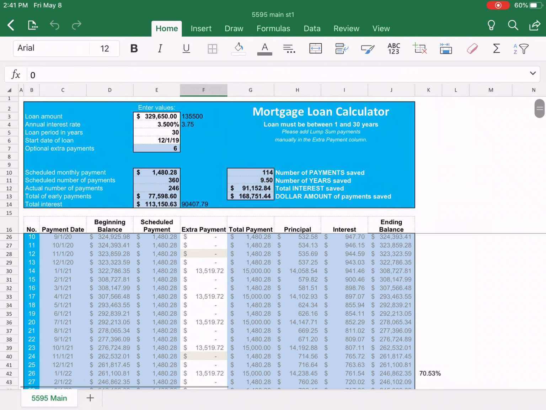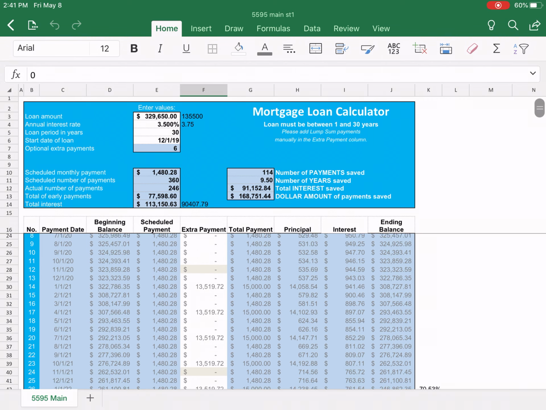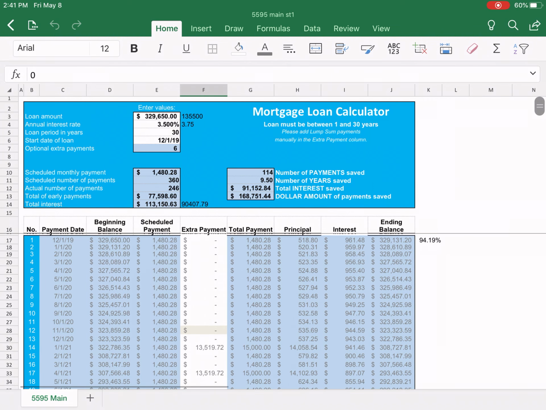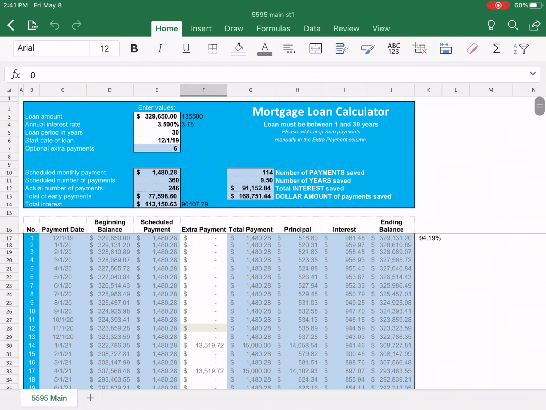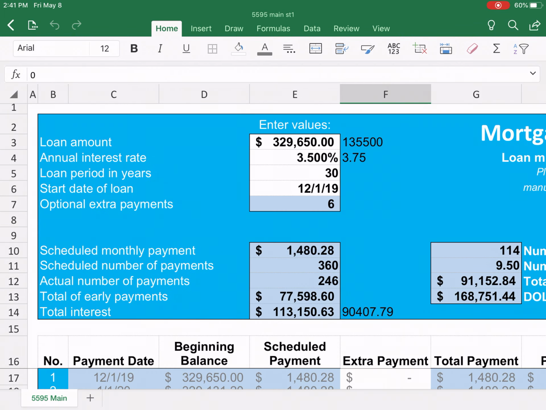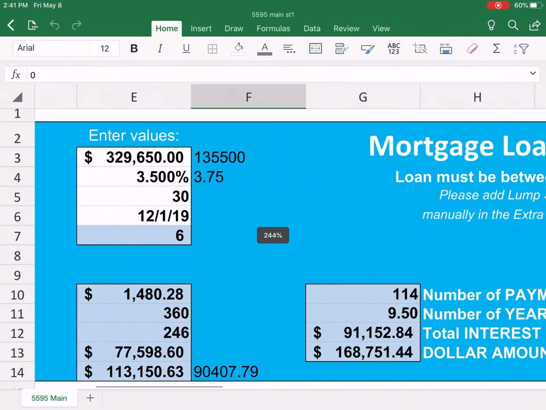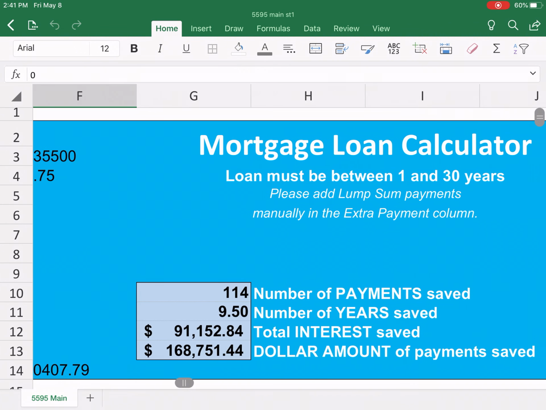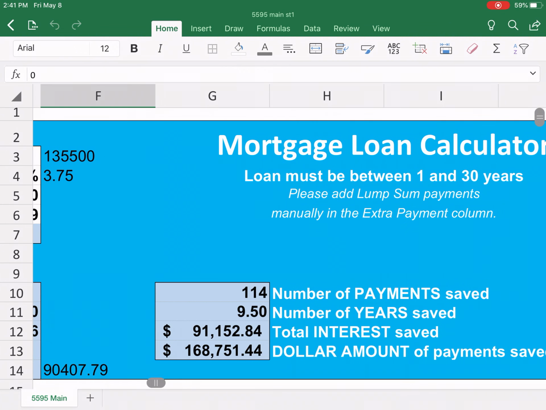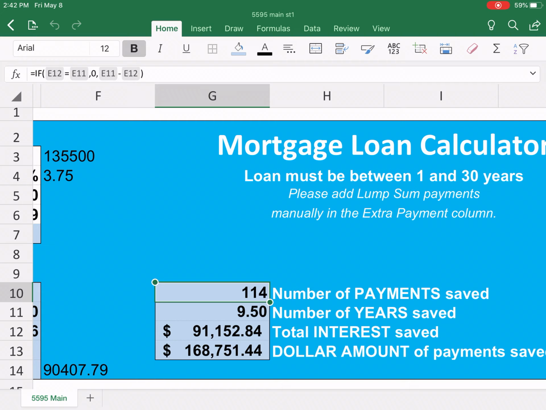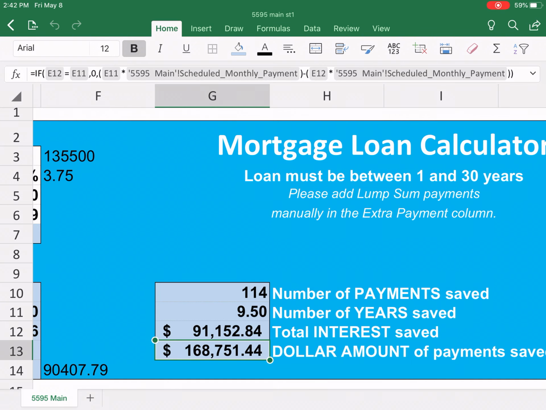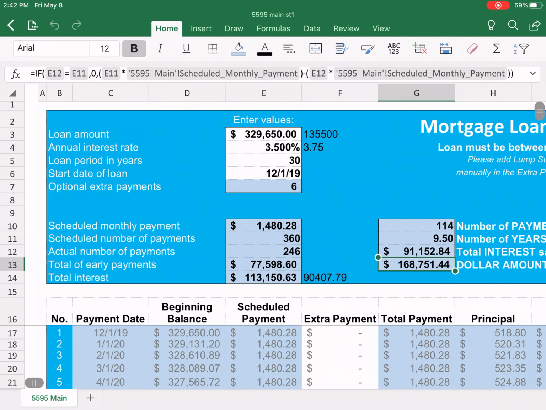I want a chunk. See, I put the chunks in already. And by the time I do all those chunks, look how much interest I saved. Then this is the saving, the number of payments saved, the years saved, the interest saved, the amount of payments I saved by just doing how many chunks?